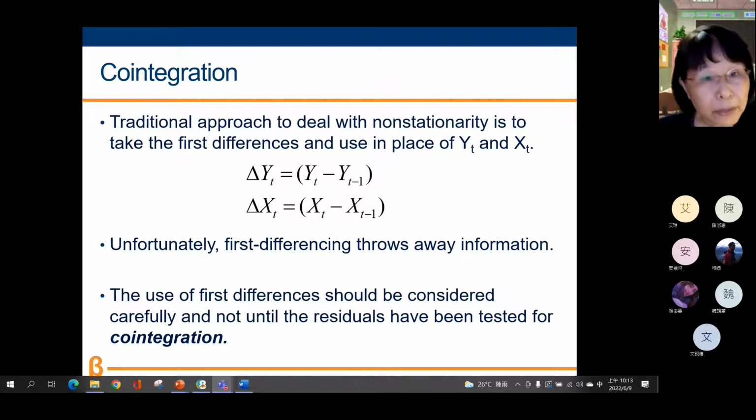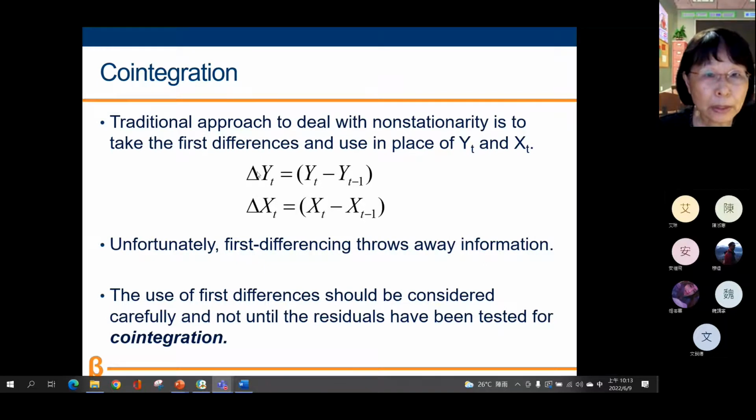And what do we mean by first differences? The first difference means the difference between time period t and t minus 1. Usually we use this notation for the difference.